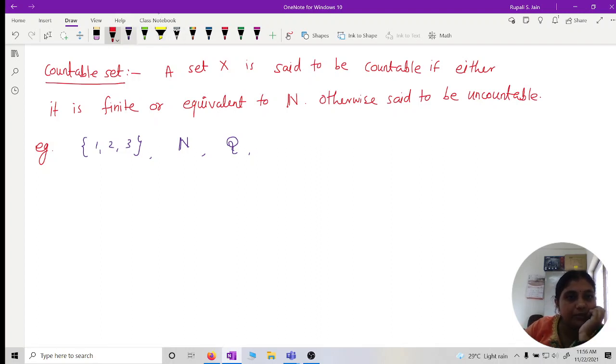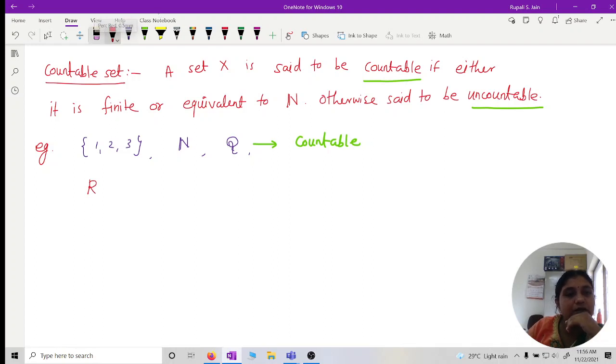Is that okay? Yes, ma'am. So these are countable sets. Which are not countable? These are examples of countable sets. Now can you give me an uncountable set?